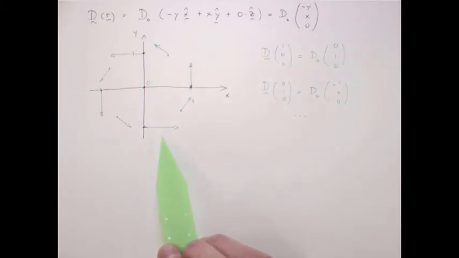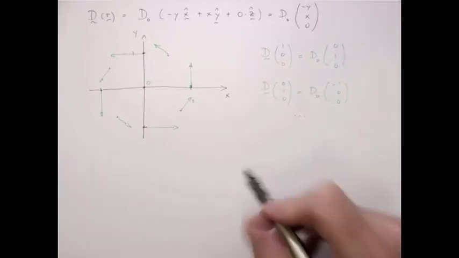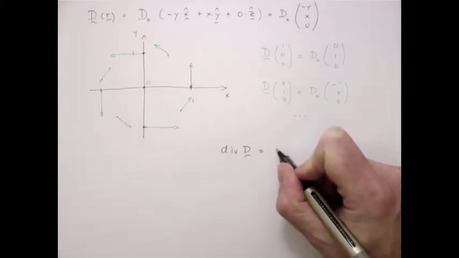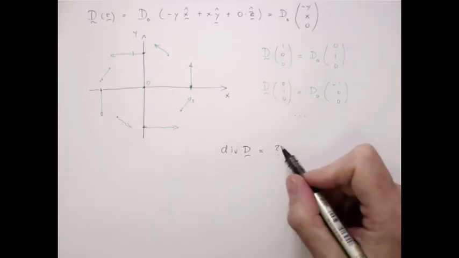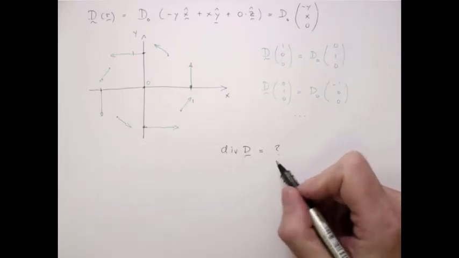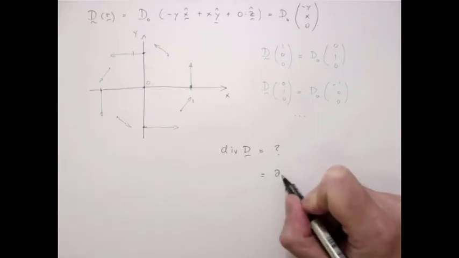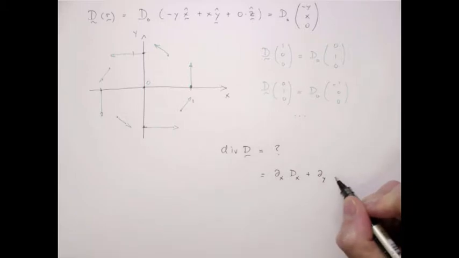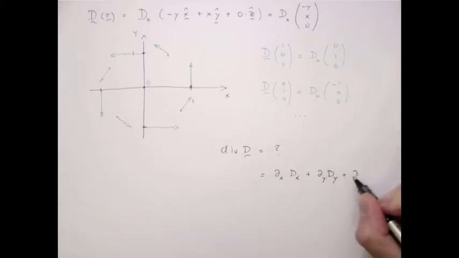Now, in order to check if this is an electrostatic field, it needs to be in agreement with Gauss's law, and we should work out what the divergence of D would yield in this case. The divergence of D is equal to the first partial derivative of the x component with respect to x, plus the first partial derivative of the y component with respect to y, plus the first partial derivative with respect to z of the z component.